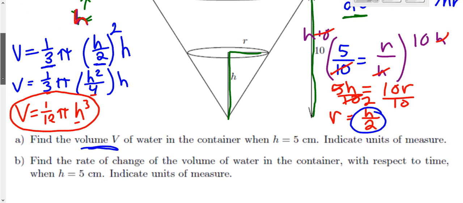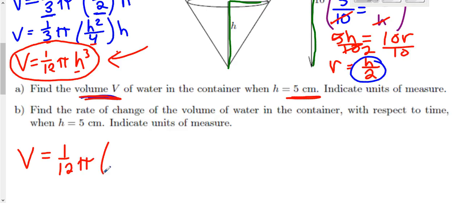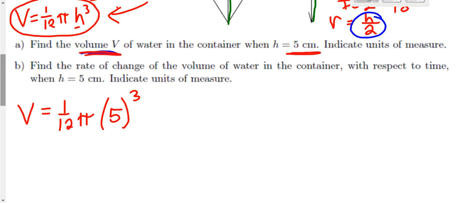So let's look at part A. Part A says find the volume in the container when the height is 5. So here's our volume, 1/12 pi h cubed. Our height is 5, so we're going to plug in 5, and we will cube it. So here we have 1/12 pi, and 5 times 5 times 5 is 125.